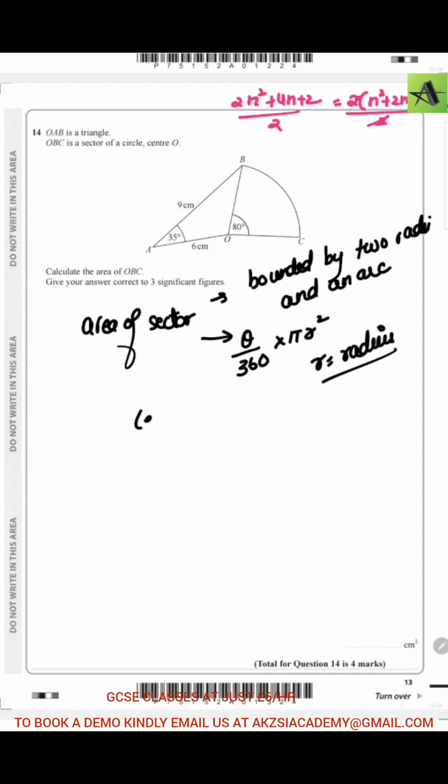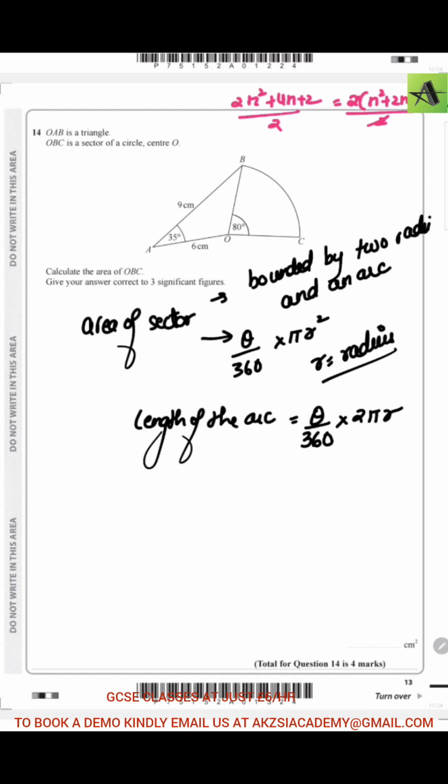Then length of the arc. This is the length of the arc. So length of the arc is theta over 360, I'm sorry, yes, it's clear, theta over 360 times 2 pi r.